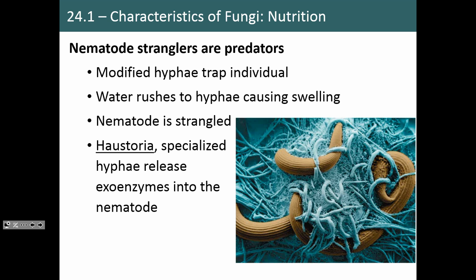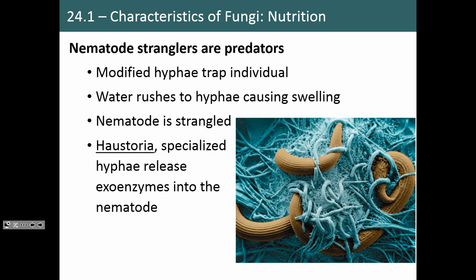And so the fungus encounter the nematodes, and when they feel them, the modified hyphae respond by rushing water into the hyphae and causing it to swell. And in doing so, the hyphae strangles or surrounds the nematode, ultimately killing it.